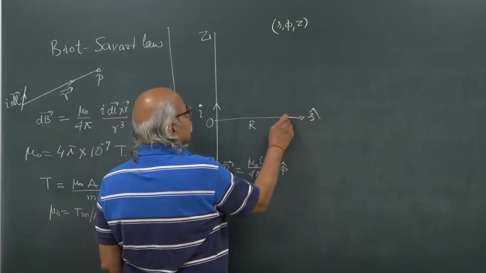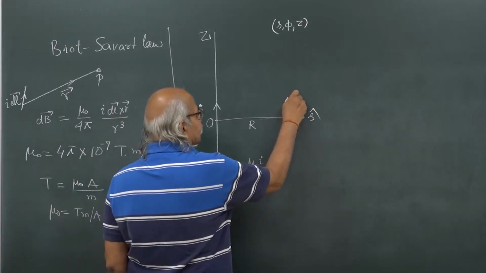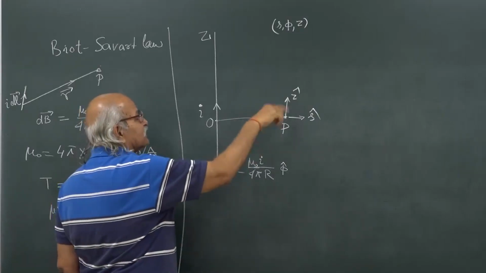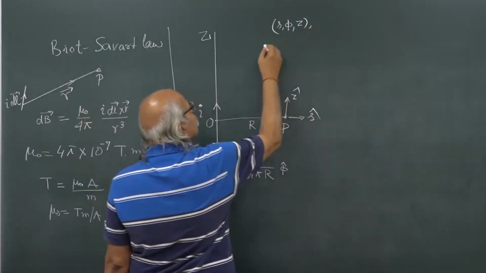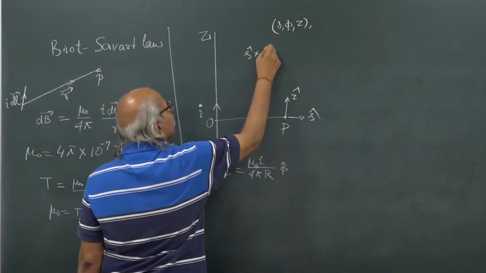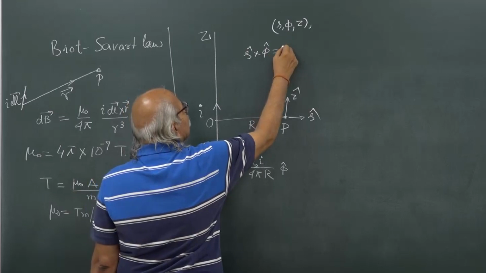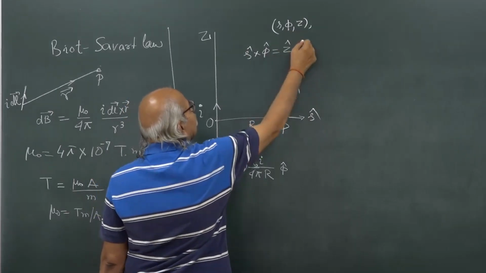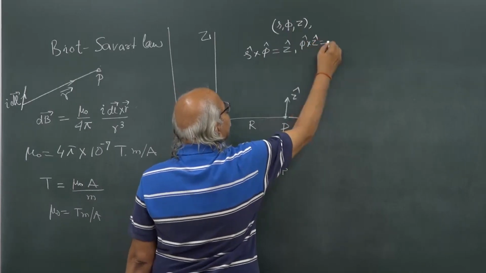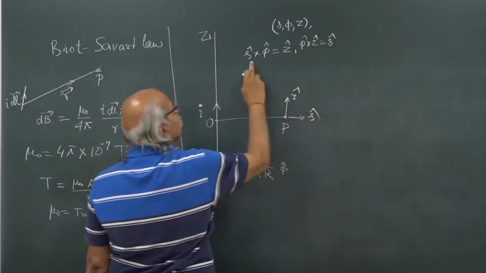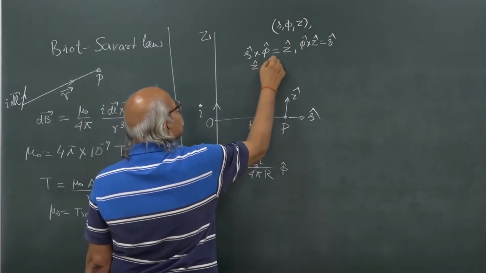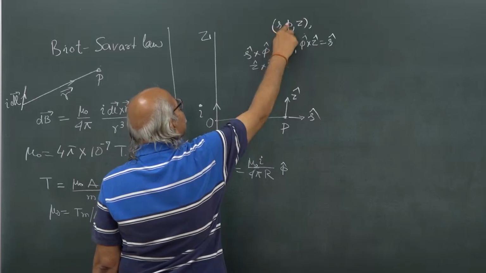The z cap direction is simple to understand. This is our z cap direction, and the phi cap direction is obtained from the cross product relations. S cap cross phi cap equals z cap, phi cap cross z cap equals s cap, and z cap cross s cap is phi cap.